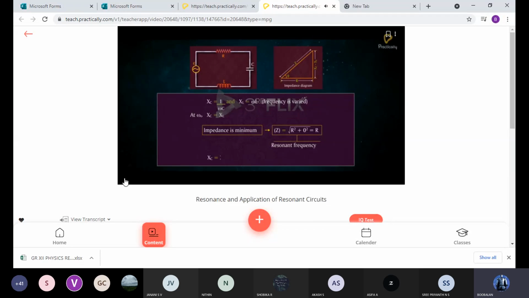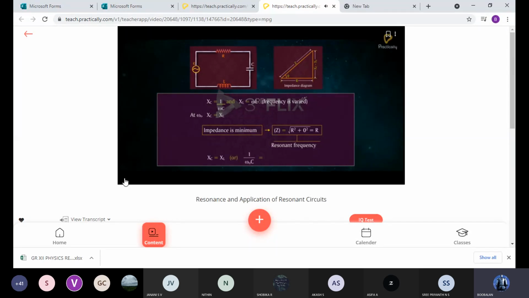Xc is equal to XL, or 1 by omega naught C is equal to omega naught L, or omega naught is equal to 1 by root LC.